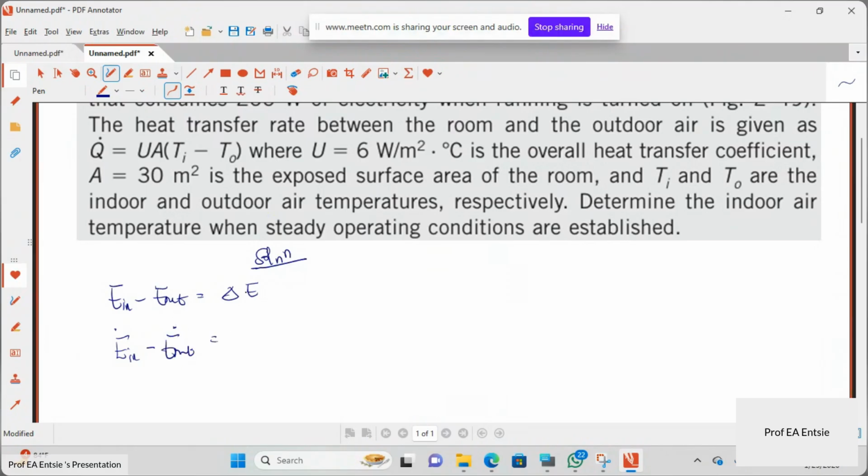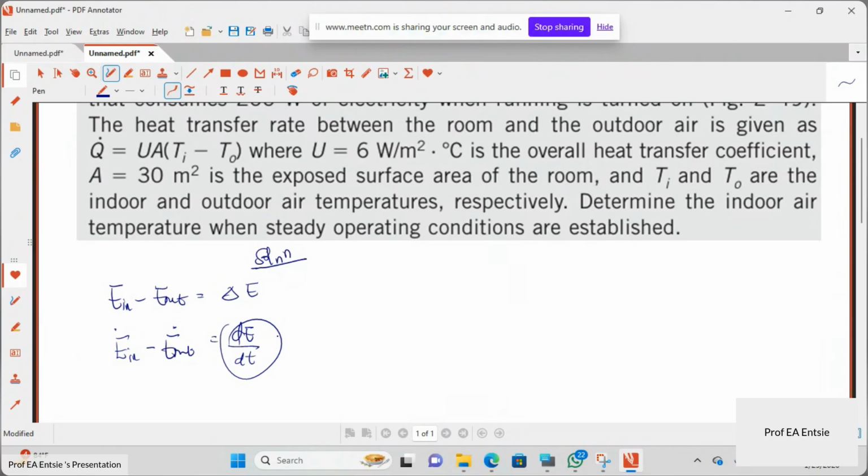So rate is dealing with differentiation. It's time. But they said the operating conditions are steady. So it means though there will be changing in the internal energy, the kinetic energy, the potential energy of the system, it is a steady condition.